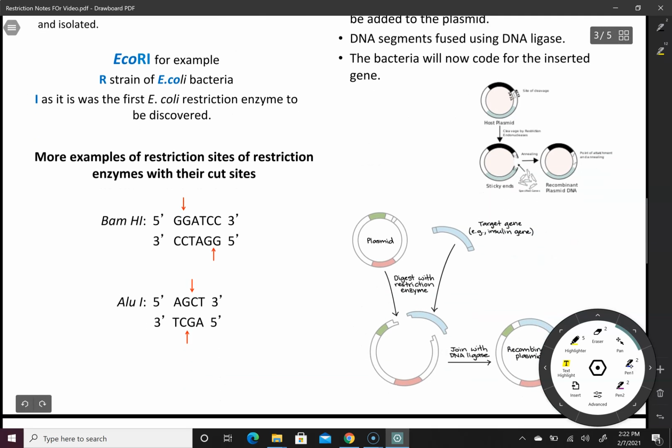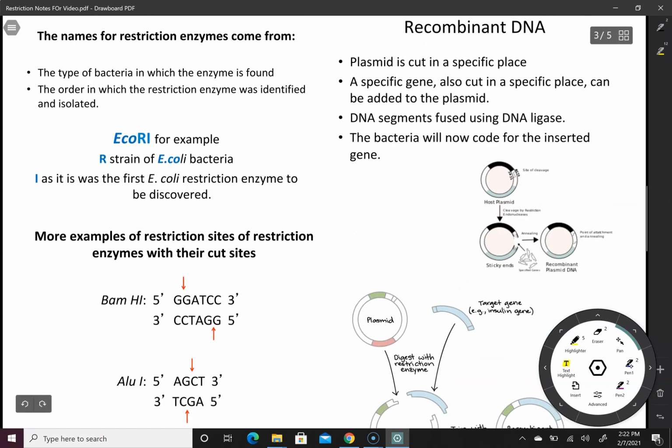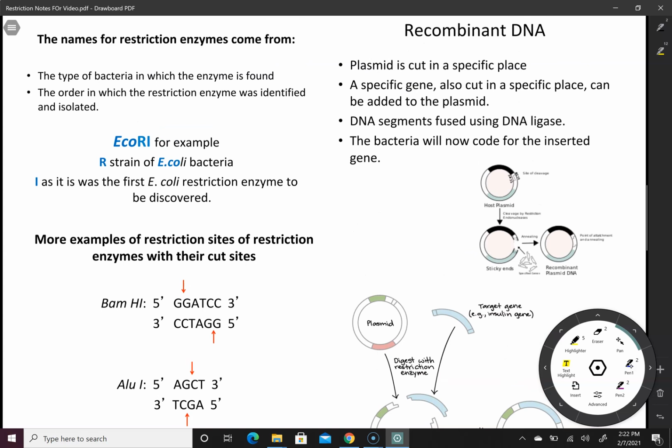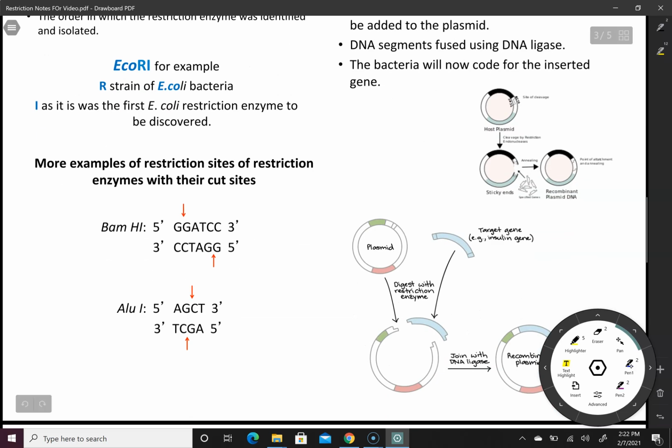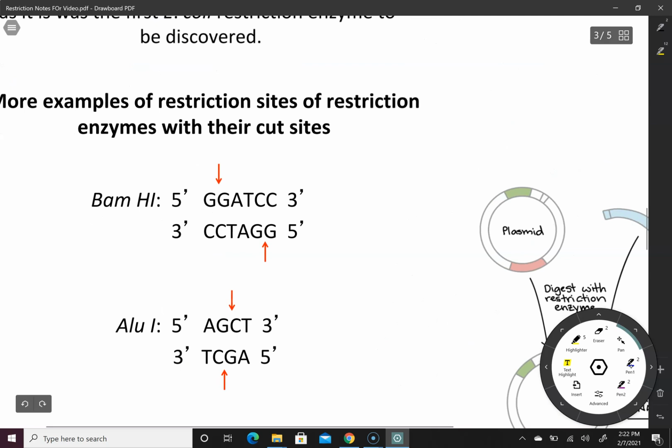So if you look at EcoRI, what's EcoRI looking for? Very specific bases. What about BamHI? What is BamHI looking for? Well, there's your restriction enzyme.